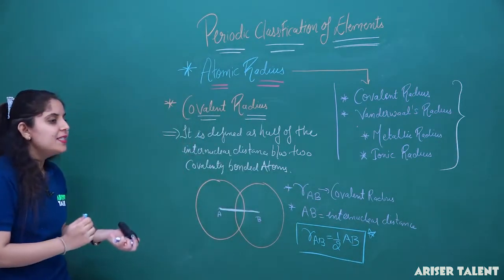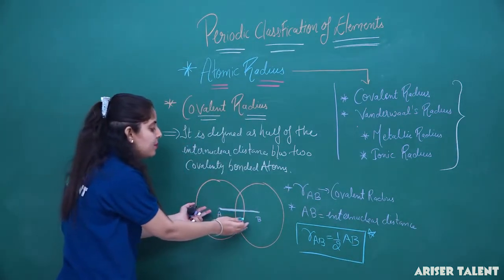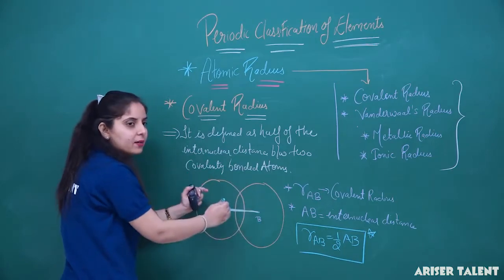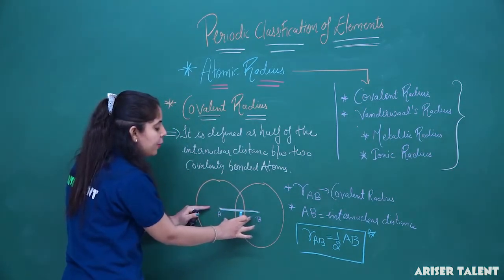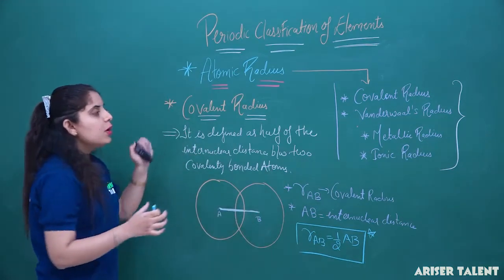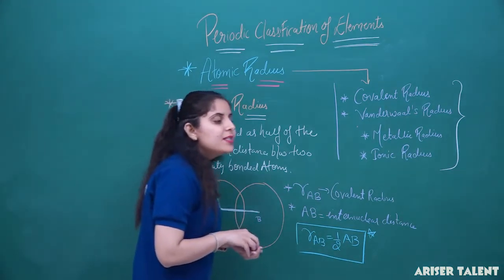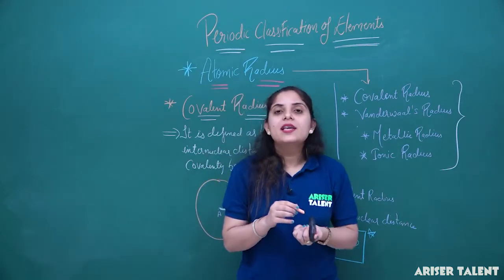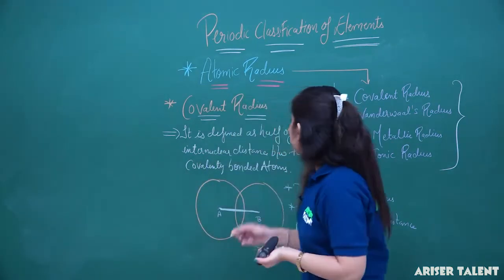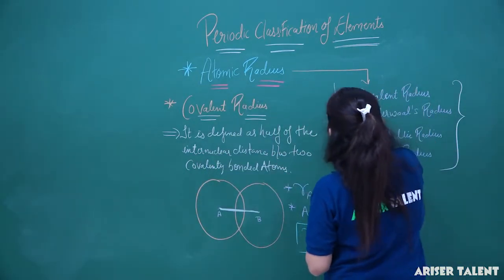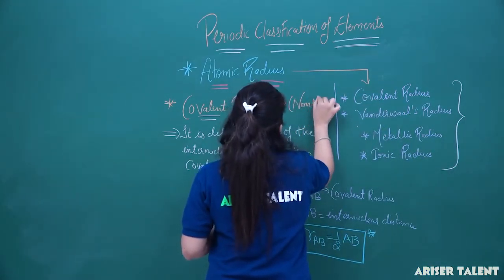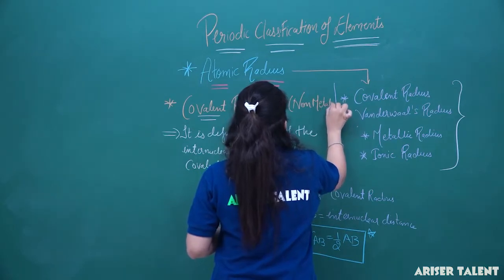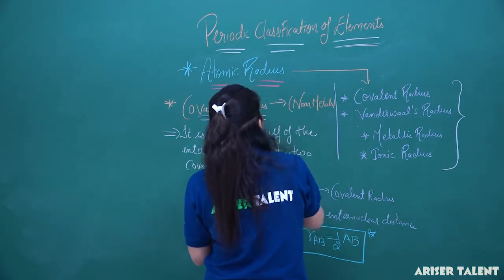So, it is very simple to learn that when two atoms are covalently bonded, it means they are formed by the overlapping, and half of the internuclear distance between them will give you the covalent radius. Now you can see that the covalent bond is actually formed between the non-metals. So the trend of the covalent radius will be shown by non-metals.